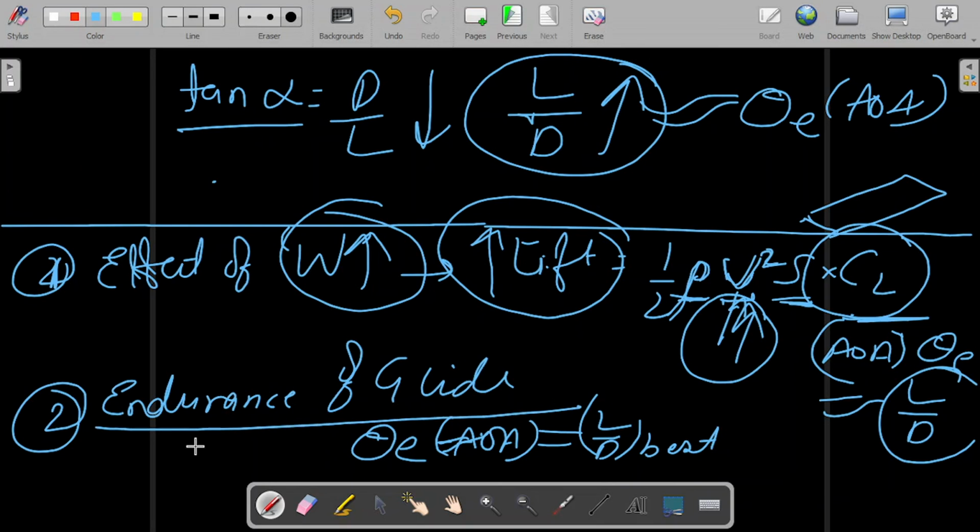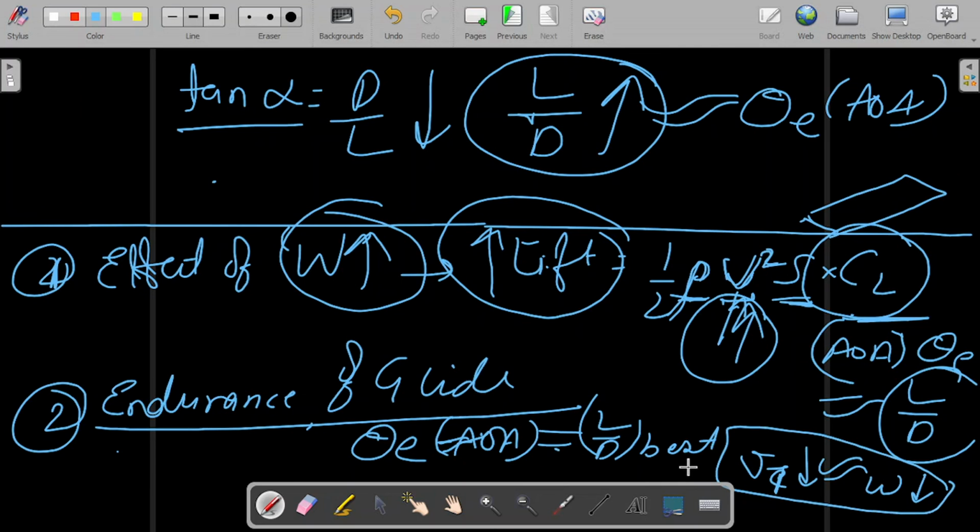Further, endurance is the time duration for which you can stay in the air without an engine. If you want a better endurance, the total velocity of the aircraft should be lower. That means the aircraft should be lighter, or the weight should be lower. So these are the two factors which will give you the endurance of the glide.